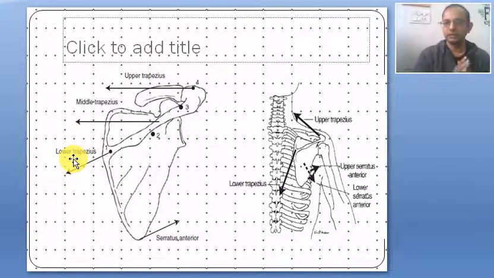And if you will see, the serratus anterior muscle is doing abduction of the scapula along with the upward rotation of the scapula, and at the same time it is a depressor also. It will depress the scapular bone. So lower traps and serratus anterior are both depressors of the scapula along with the upward rotation of the scapula.